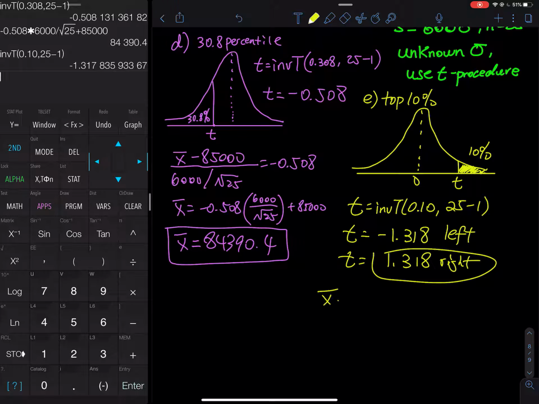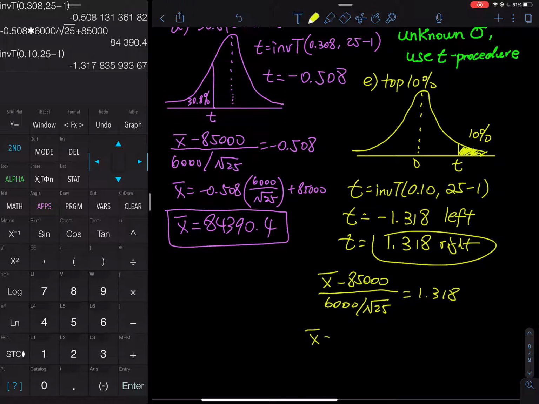You have x bar minus 85,000 divided by the standard deviation over the square root of n equals 1.318. Then you take 1.318, multiply by the denominator, and add the 85,000 to it.